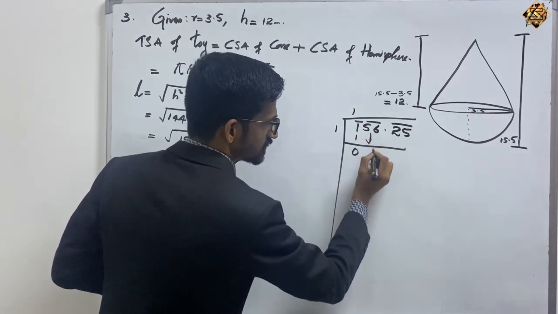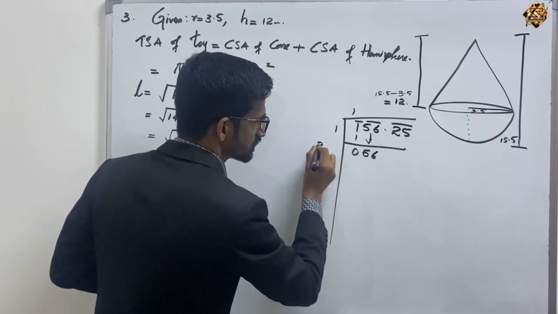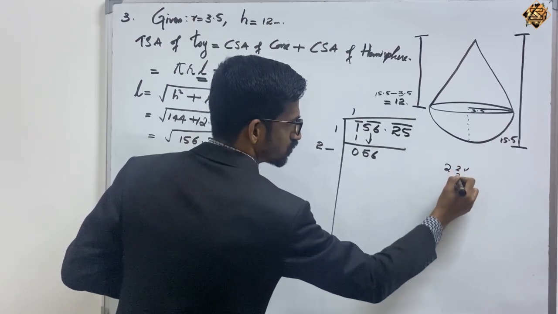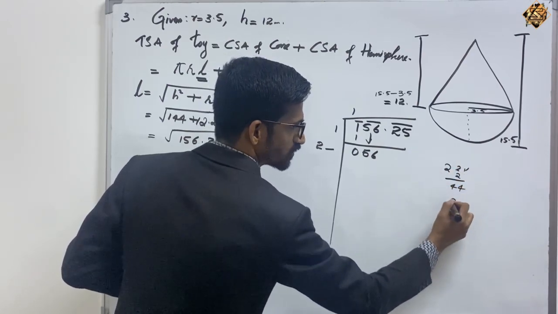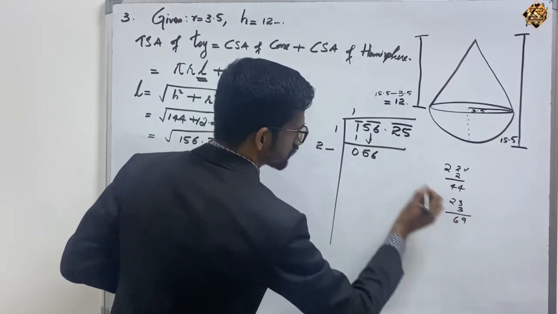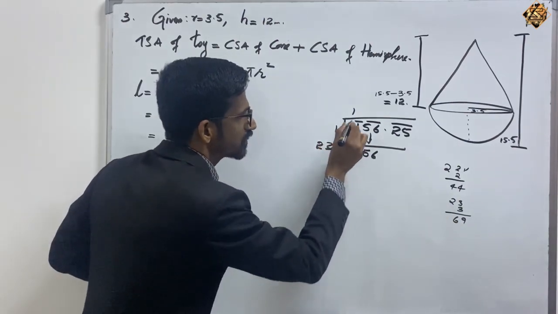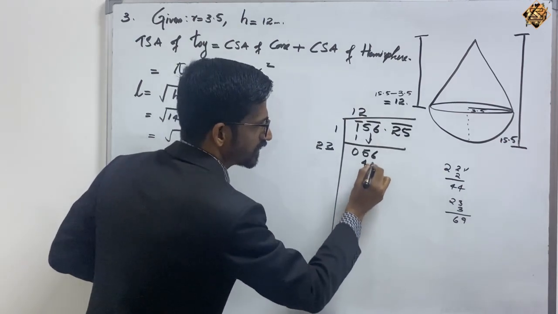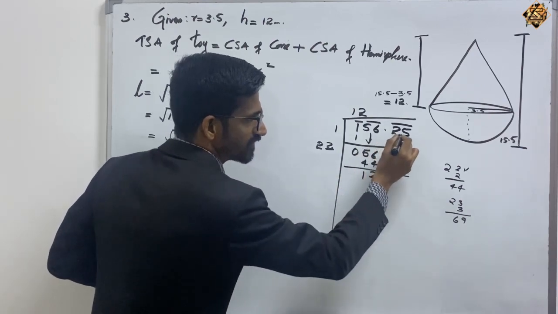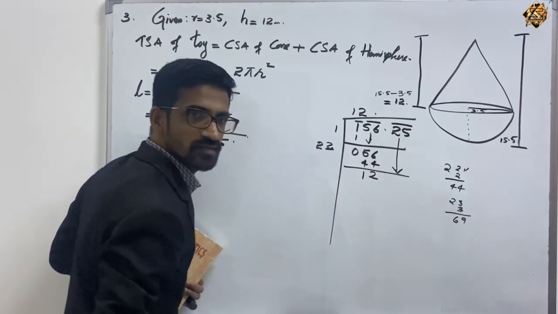We'll take 56 down, and double of 1 is 2. Now 23 into 3 is 69, which is bigger than 56, so we'll take 22 into 2, that is 44. Now subtracting, we'll get 12. Now we will take 25 down, and when we take 25 down, we will put the decimal there.